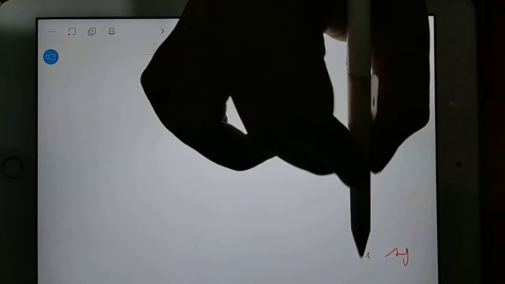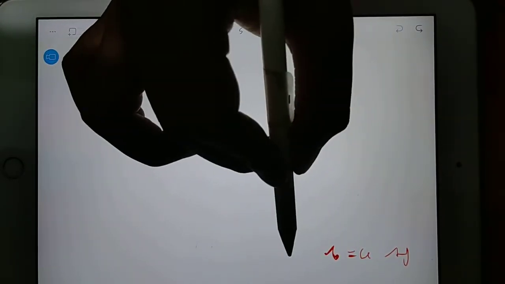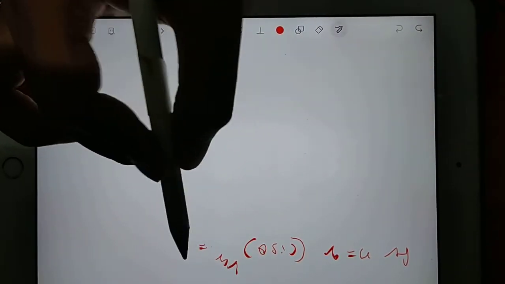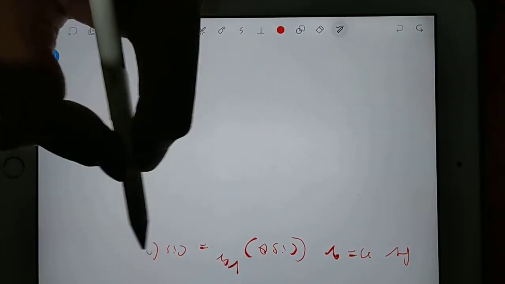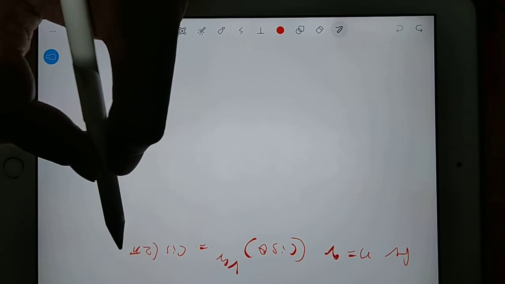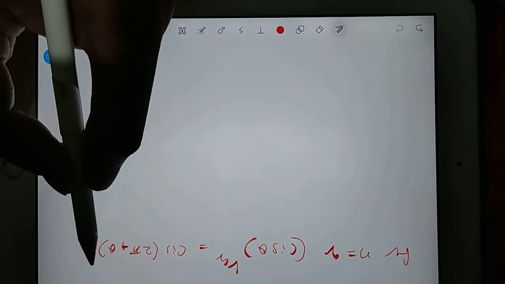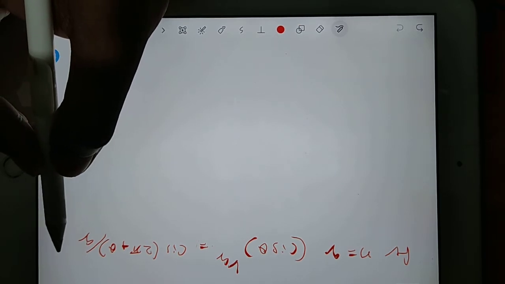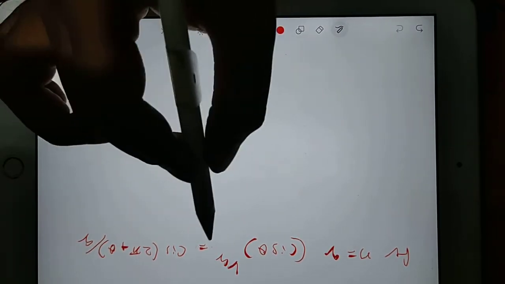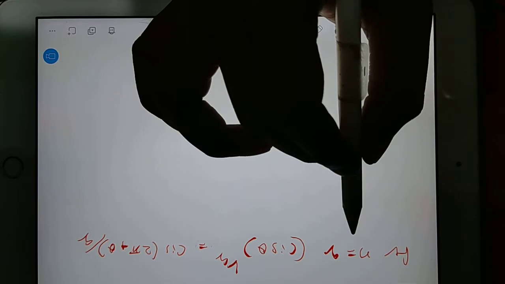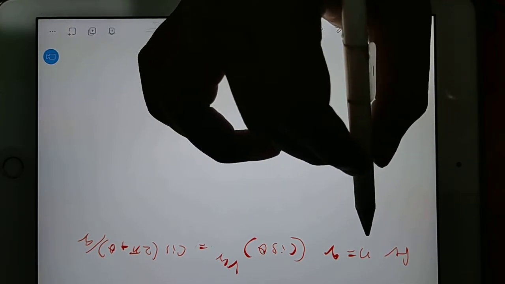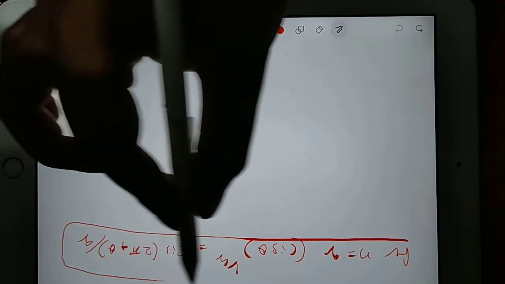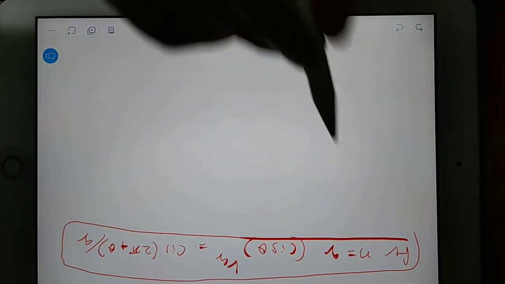For n equal to q, cis theta to the power 1 by q I can write as cis (2 pi plus theta) whole divided by q. Done. These are the approaches we use for the root calculation.